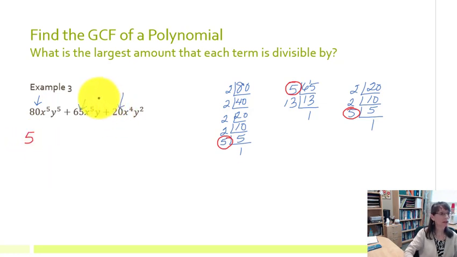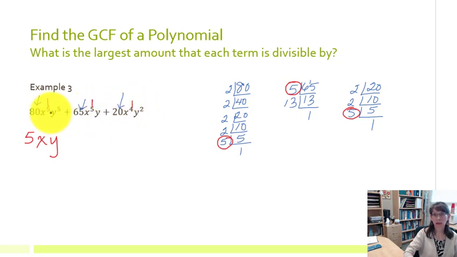Now I'm going to look at all of the variables. We have x and y in the first term, x and y in the second term, x and y in the third term. So we know that all terms have x and all terms have y. So I'll start with x and y. Now I compare the exponents for these terms. 5, 5, and 4.